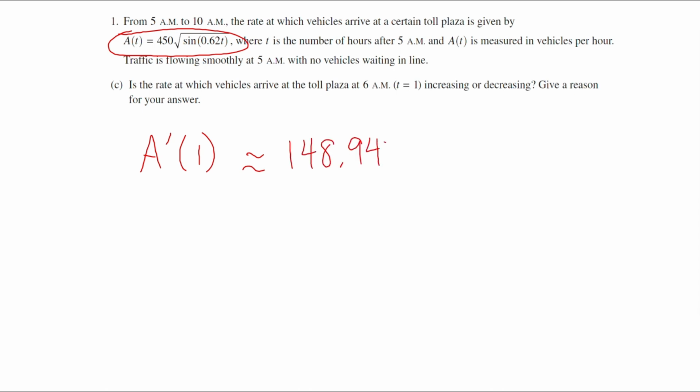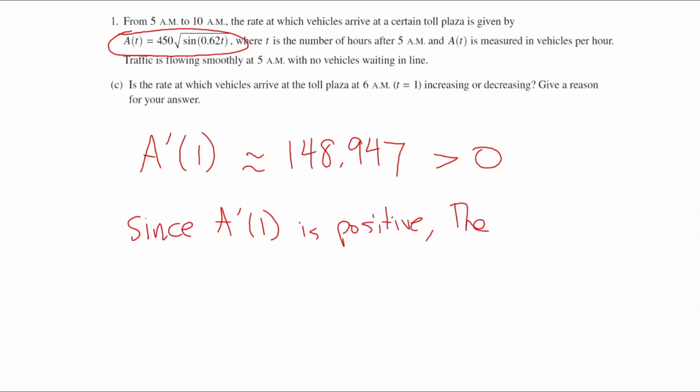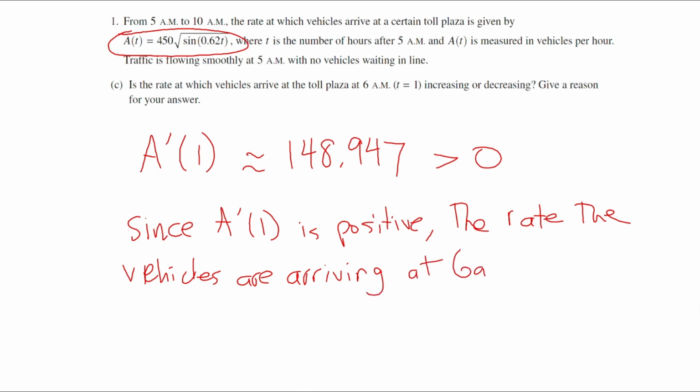And all we need to do here is indicate that since that value is positive, we'll say that it's greater than 0. Since A prime of 1 is positive, the rate the vehicles are arriving at 6 a.m. is increasing.